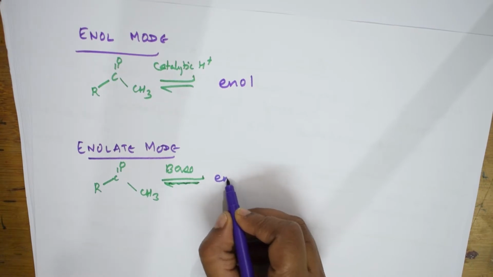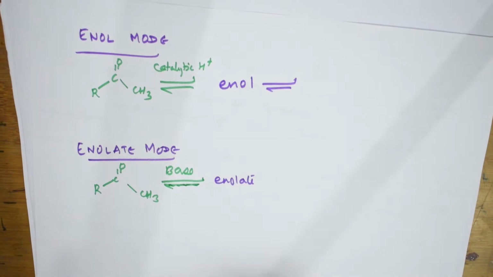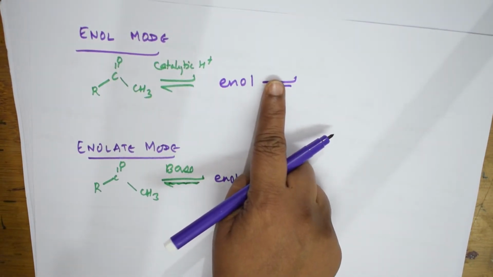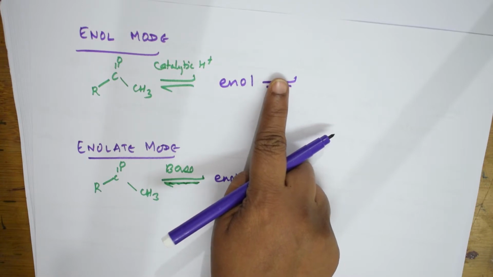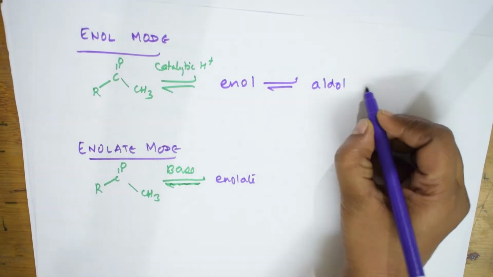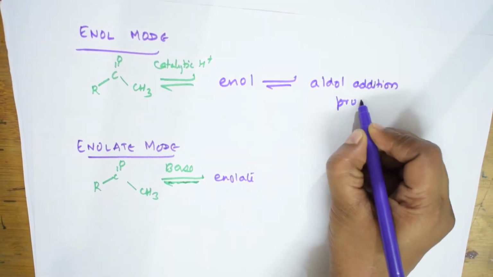From the enolate mode you will be getting the enolate. Then this enol is going to react in protonated form, and you will be getting a compound called aldol addition product.